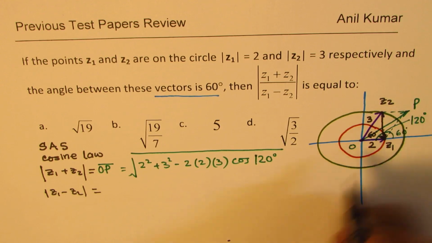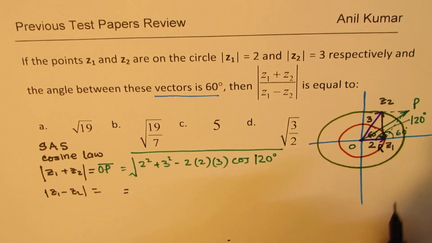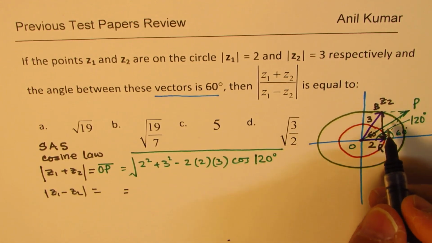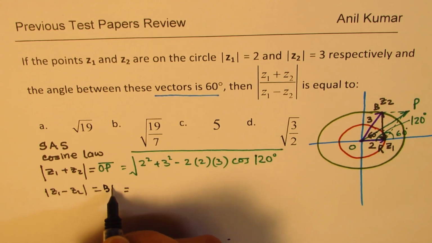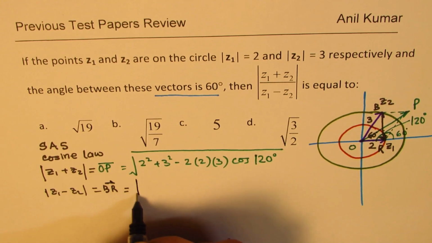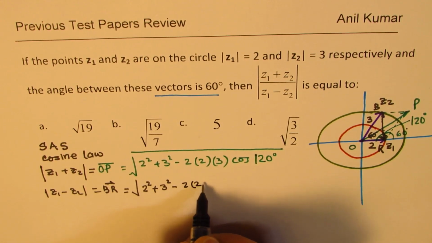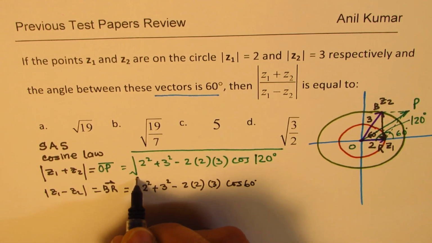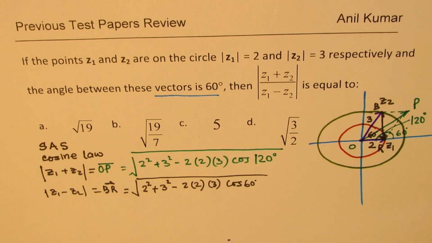So let's say this point is R, and this point is B. So from B to R, this is equal to 2 square plus 3 square minus 2 times 2 times 3 times cos of which angle? 60 degrees, right? As you can see, in this triangle, when you take Z1 minus Z2, it is 60 degrees.